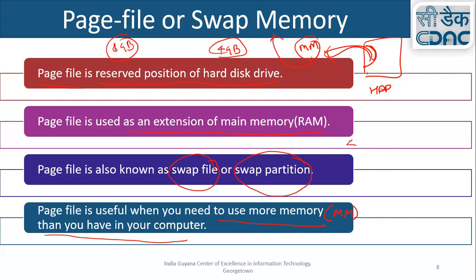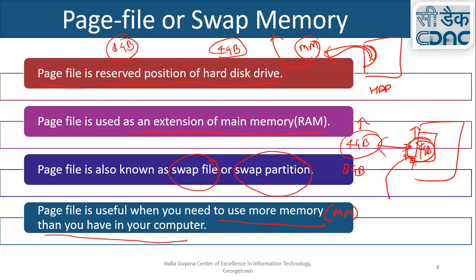If you have 4 GB RAM, but at any point of time you require 8 gigabytes, I just use some part of your hard disk, maybe 4 gigabytes, and use it as an extension of your RAM. You already know the speed of your RAM is much higher in comparison to your disk.